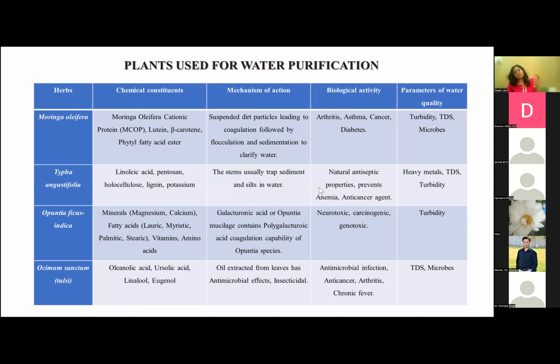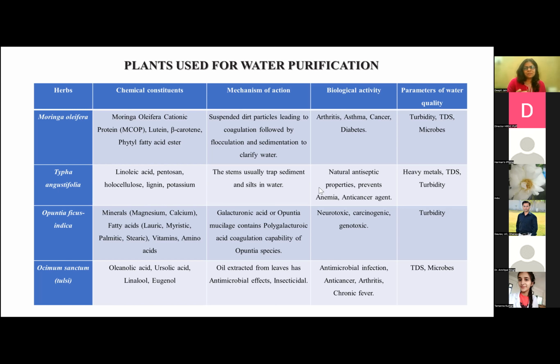One more point I would like to highlight, that we can use such an herbal mix even for 1 glass of water or for a container for household purposes, or for a big water tank from where the water supply is done, or even in a still larger water body like rivers or ponds, which is used as a water resource. So from that level to the level of 1 glass of water that we consume, we can use this mixture of herbs for water purification.